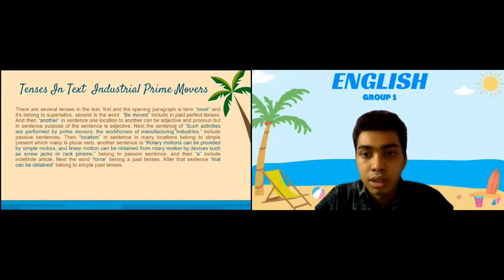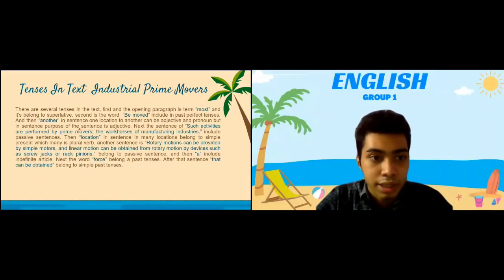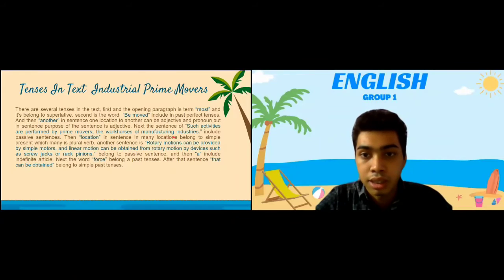Next, the sentence such activities are performed by prime mover, the workhorse of manufacturing industries, is a passive sentence. Then locations, in the phrase in many locations, belongs to simple present, in which many is a plural form.